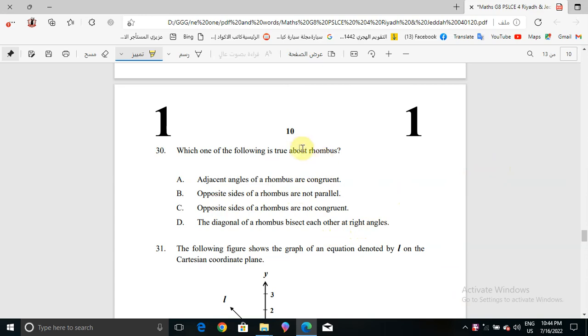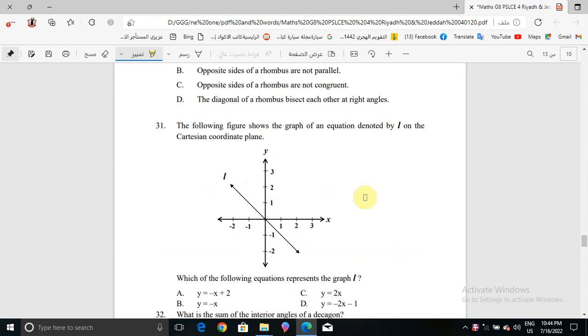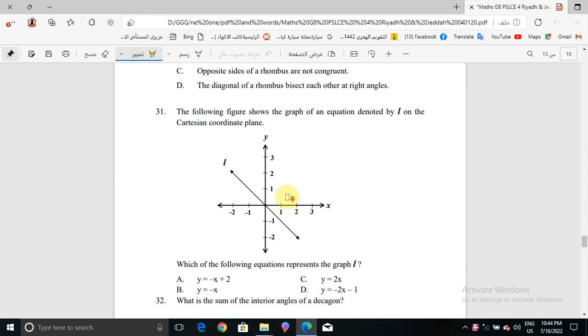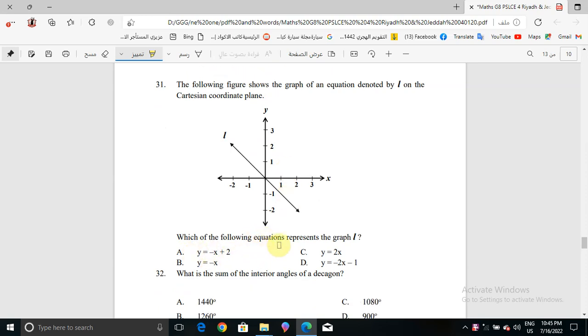The one which is correct about a rhombus will be adjacent angles of a rhombus are congruent.